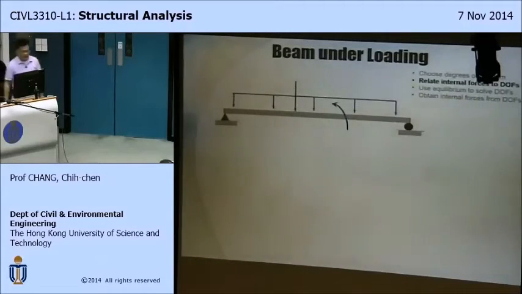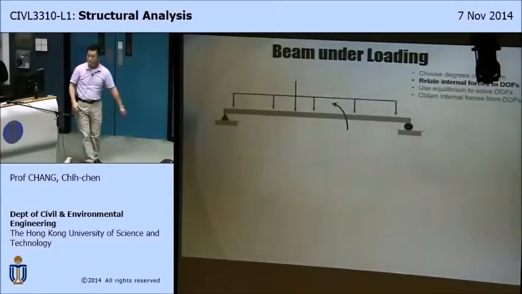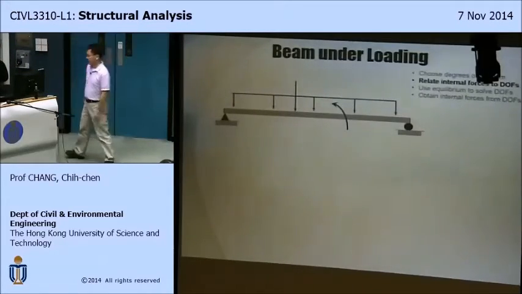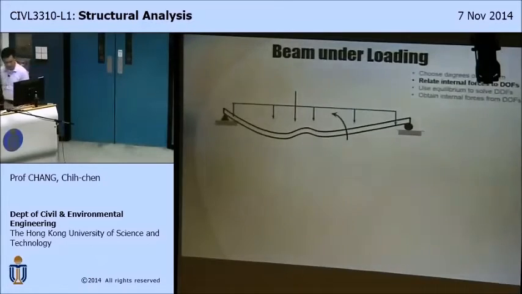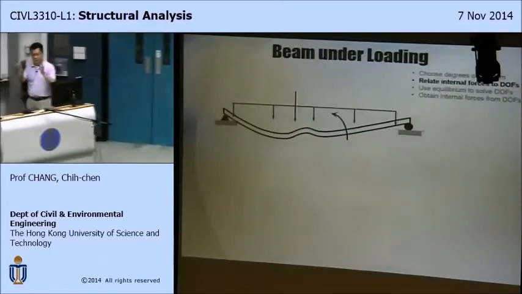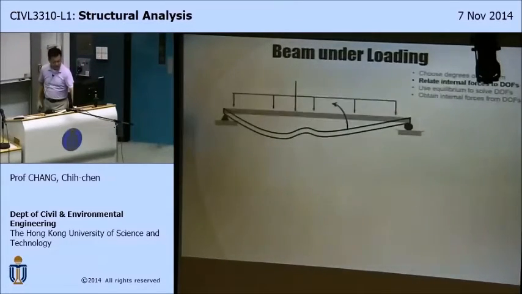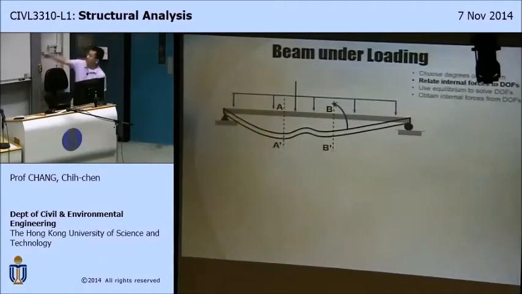So take a look at this simply supported beam under loading, and then it will deflect. So I want to take a small segment out and then do analysis. I want to relate degrees of freedom to all the forces that act on the small segment.